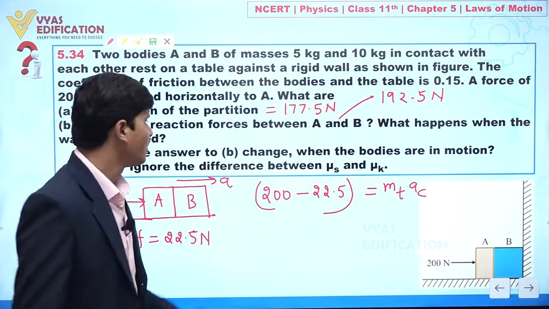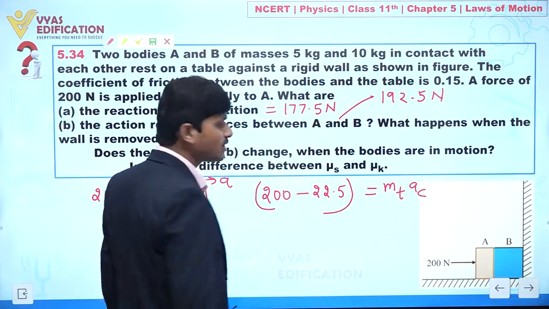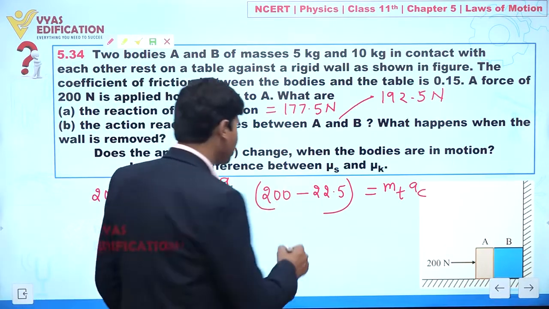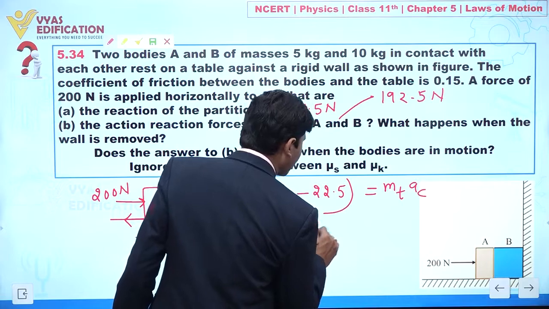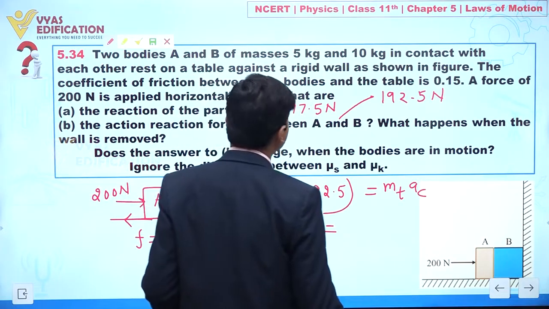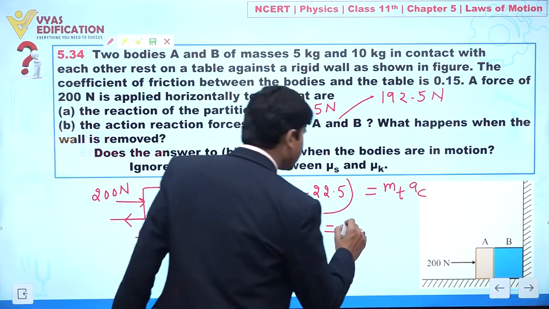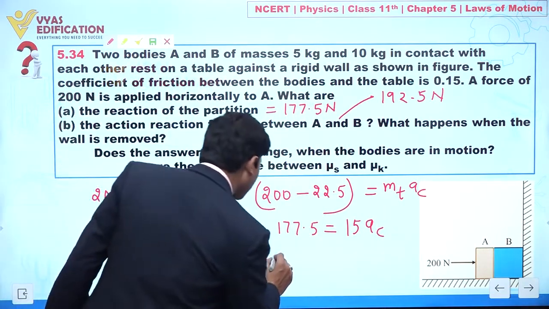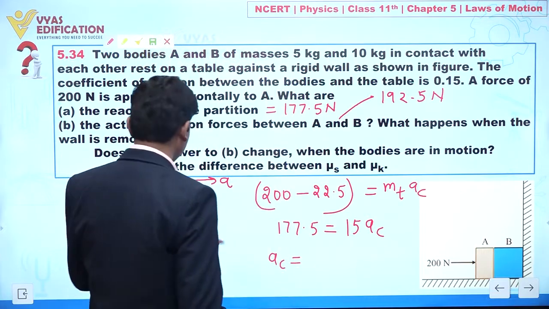Total mass is 5 plus 10, equal to 15, and acceleration is AC. So from here you can calculate the acceleration of these blocks.